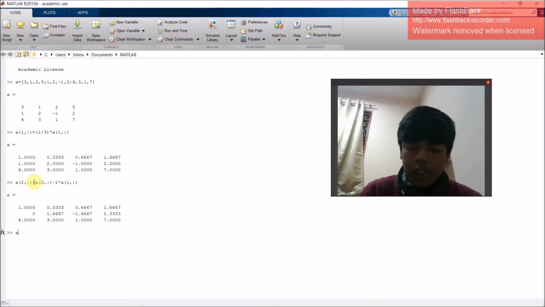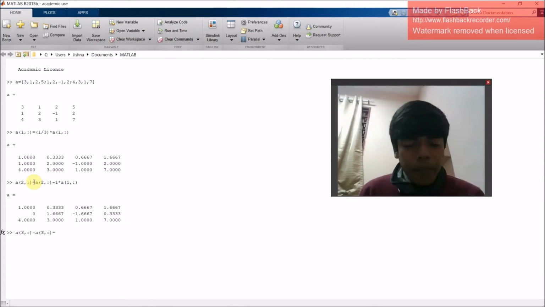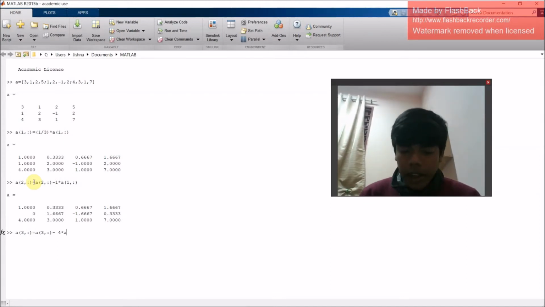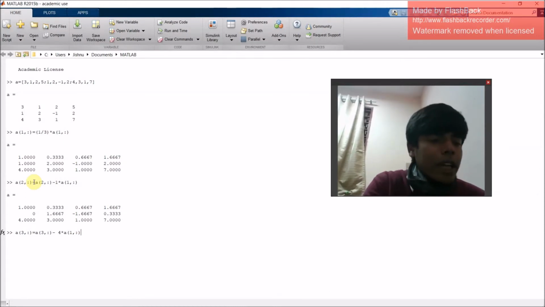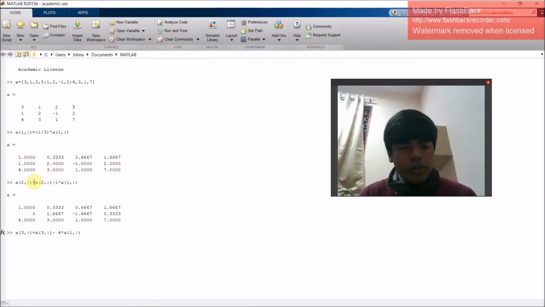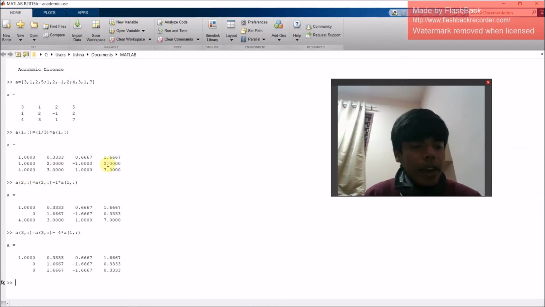So we've got 3 comma colon equal to A, again same 3 comma colon, because it's the third row, minus 4 times A 1 comma colon, right? We are subtracting 4 times the first row from the third row. So that will give us that.